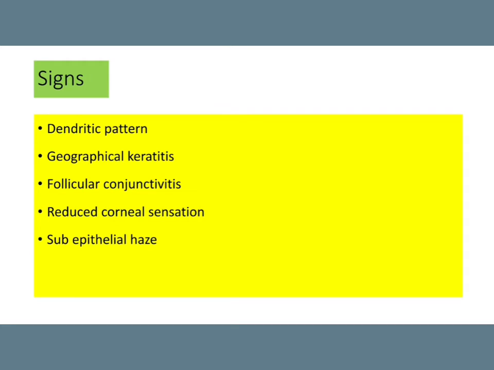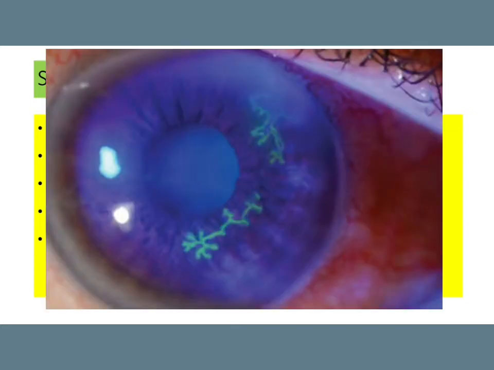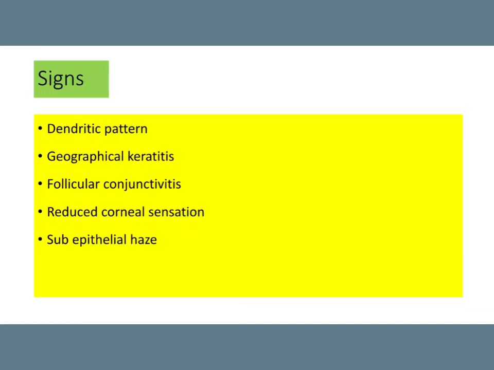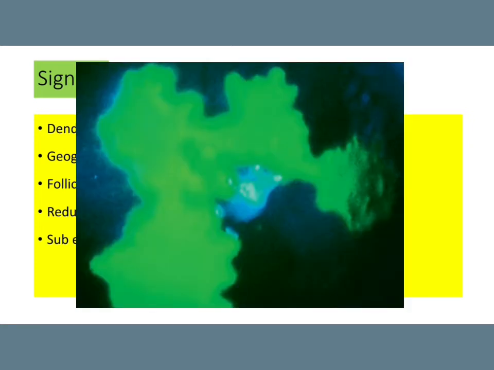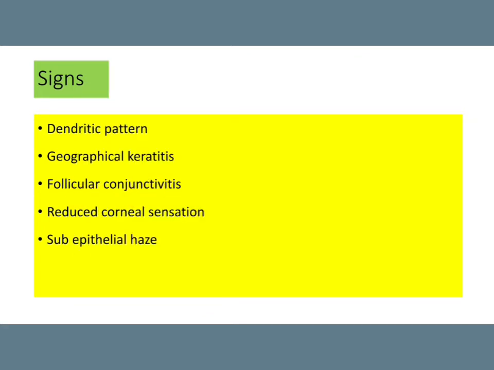Now the signs of HSV infection. Do the slit lamp examination after staining with fluorescein dye. In viral keratitis, you will see a linear branching structure, called a dendritic pattern. I will show in a later slide how this looks. When some dendritic patterns coalesce together, they form geographical keratitis, which looks like the shape of an amoeba. Another sign is follicular conjunctivitis, where granular structures are seen in the conjunctival sac.